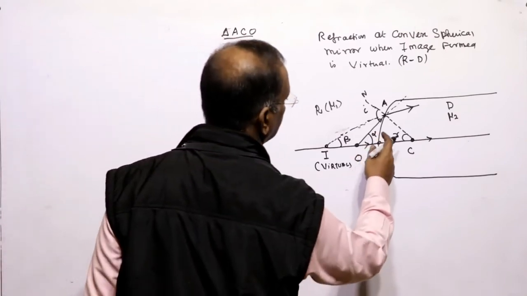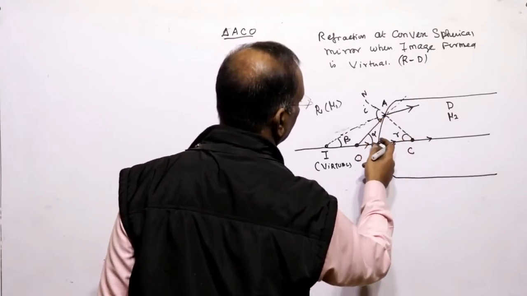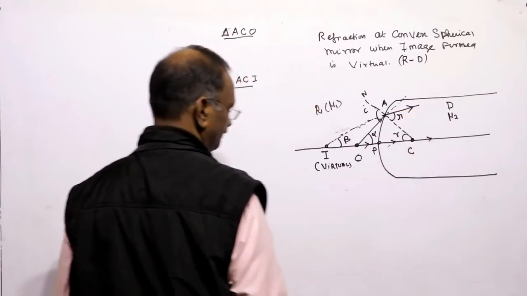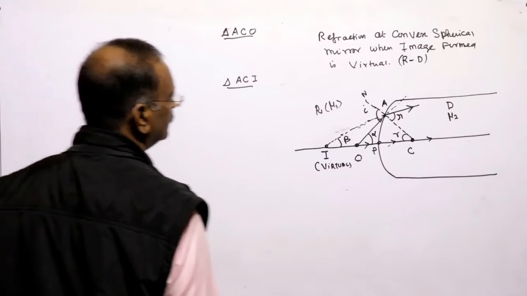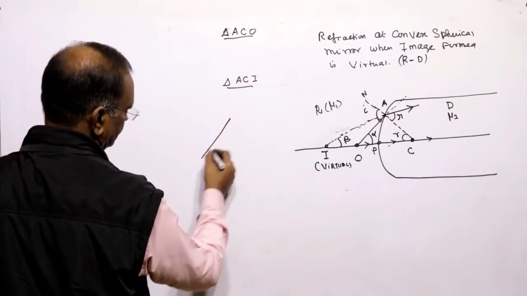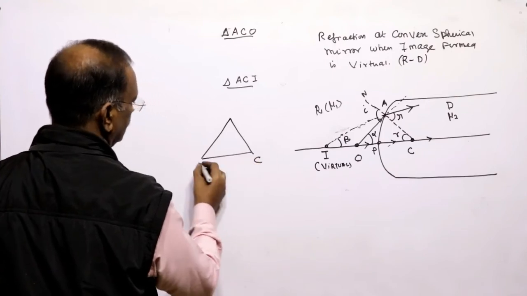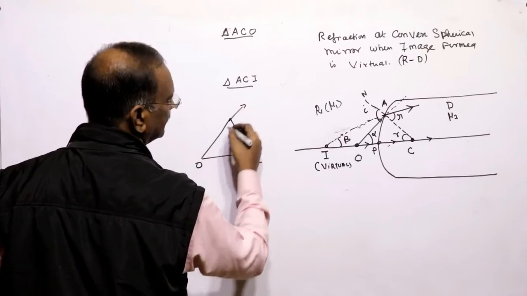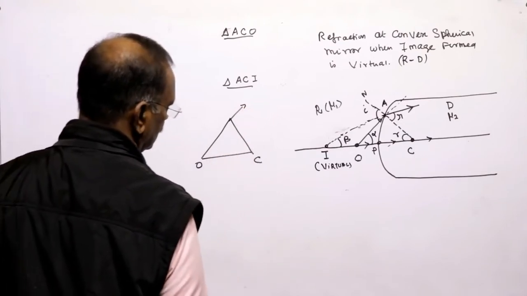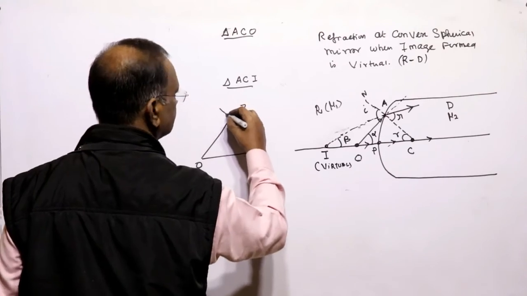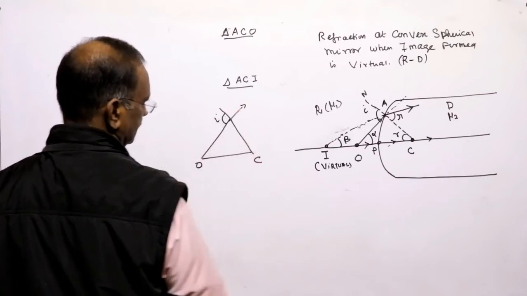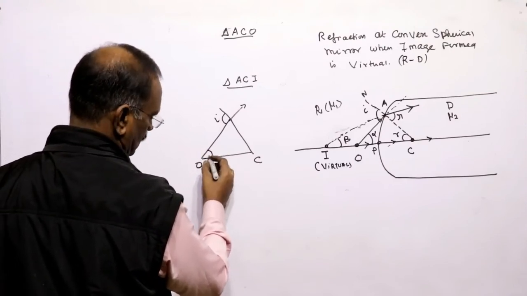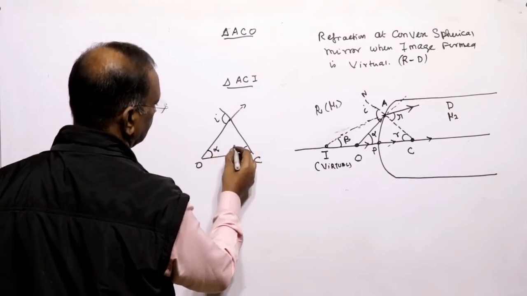In triangle ACO, with respect to the normal, this is the angle of incidence I. So this is alpha, this is gamma.